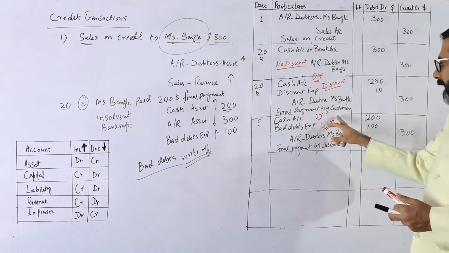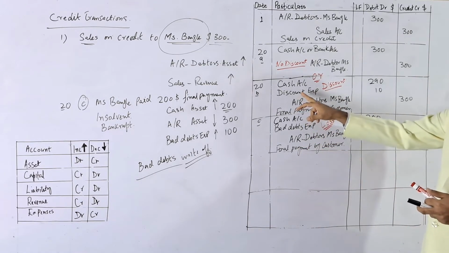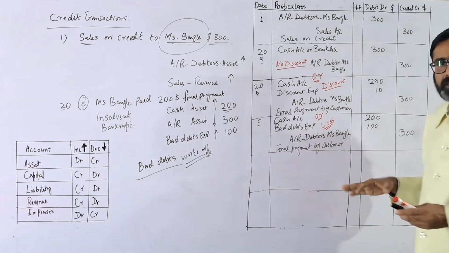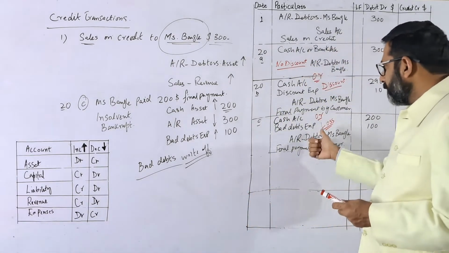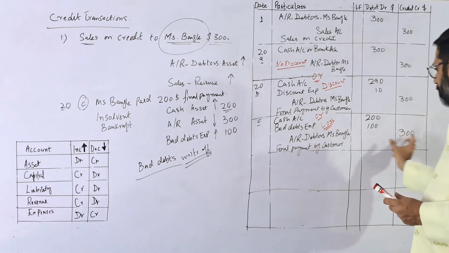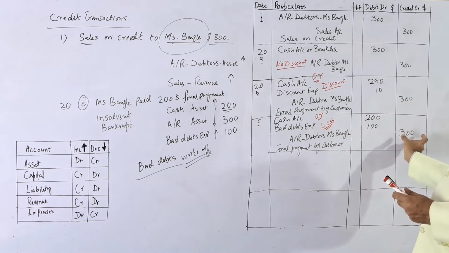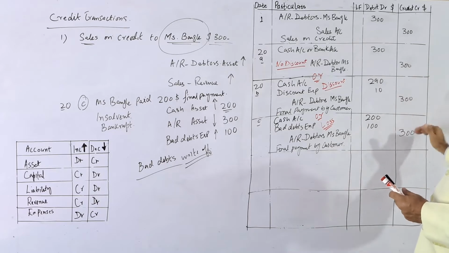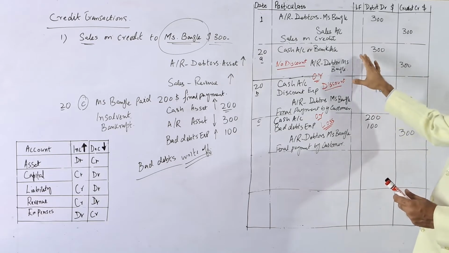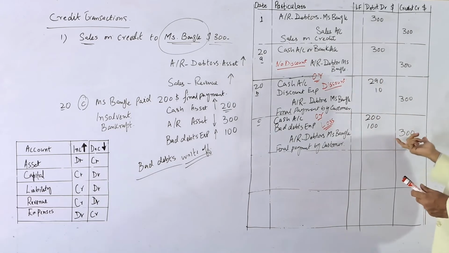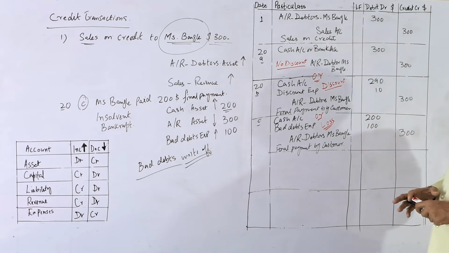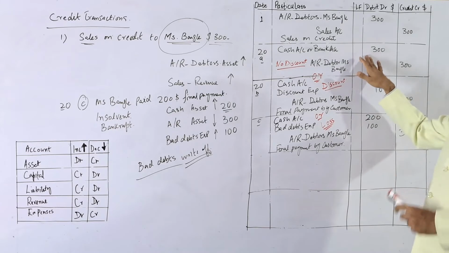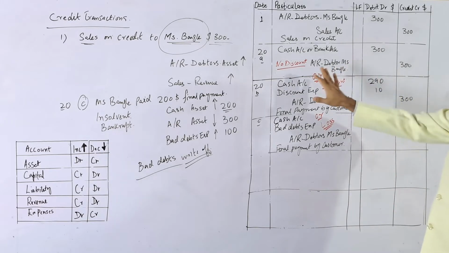So again here the cash will be debit, but instead of the discount here we have bad debts, because this is a loss for you. You are unable to receive the money on the due date, so bad debts will be there, and the receivables will be $300. The same here, in all these options, A, B, and C, receivable is the same, credit by $300 as a final settlement. But the cash in the first condition is $300, no discount.